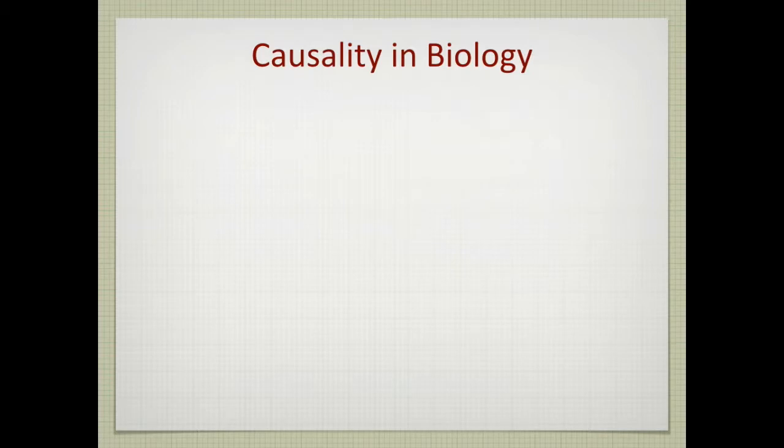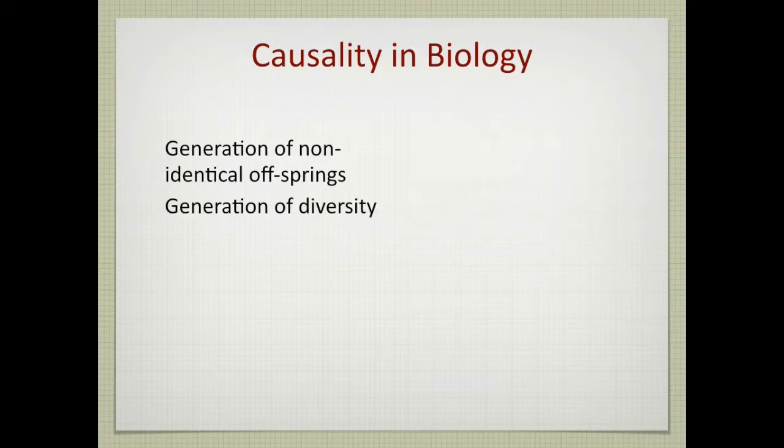Okay, so causality in biology is thought about quite differently. In biology, we're thinking about replication of organisms, and we think about the generation of non-identical offspring, which leads to the generation of diversity, and we talk about a biopopulation. We can talk about a population of molecules like I had on the previous slide, where all the members of the population are identical.